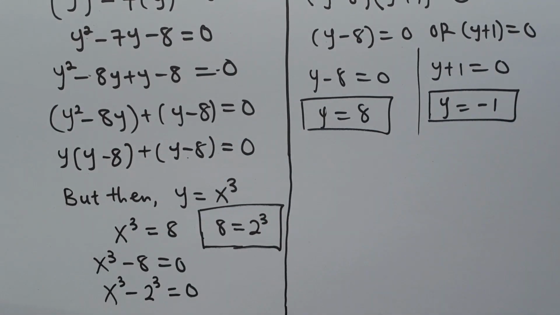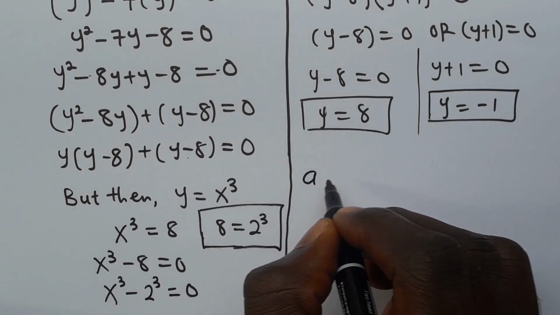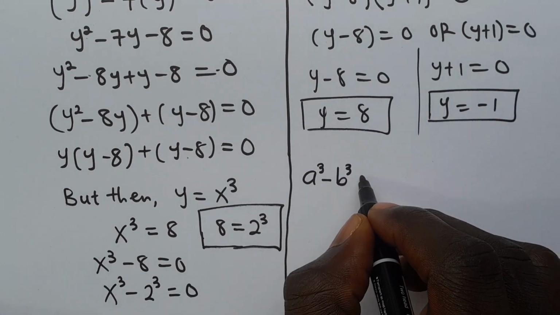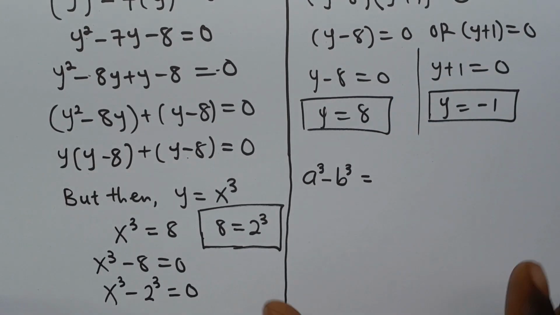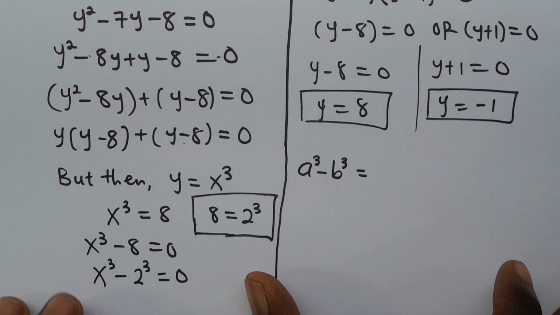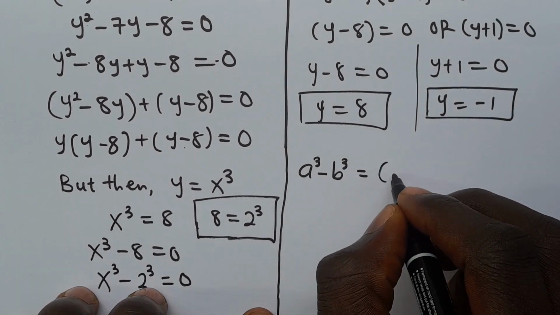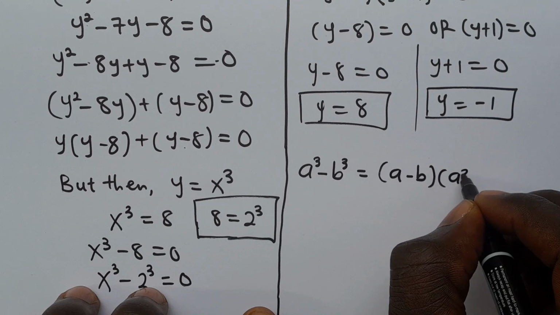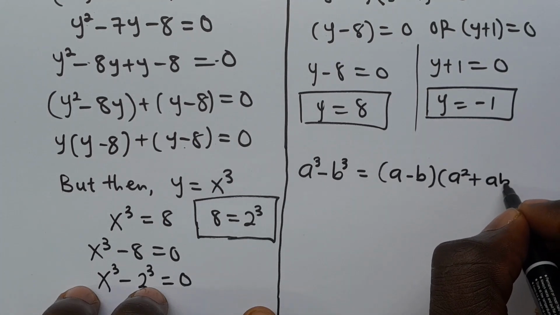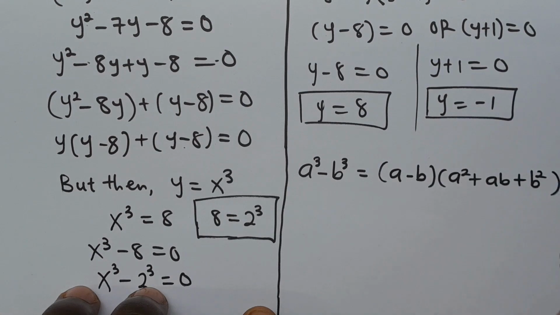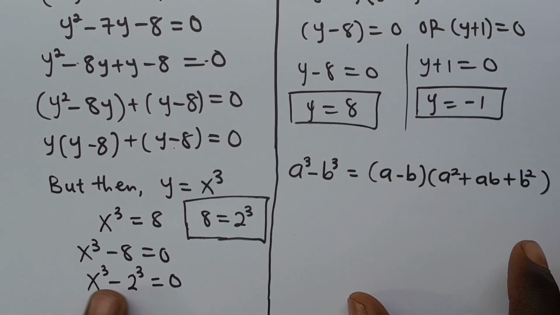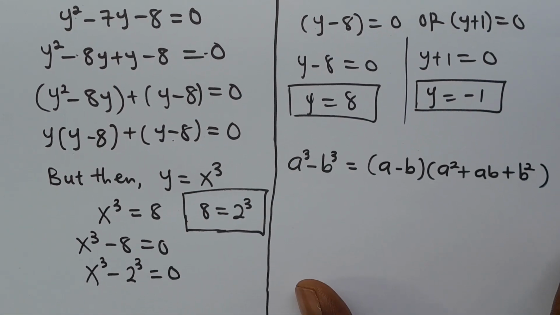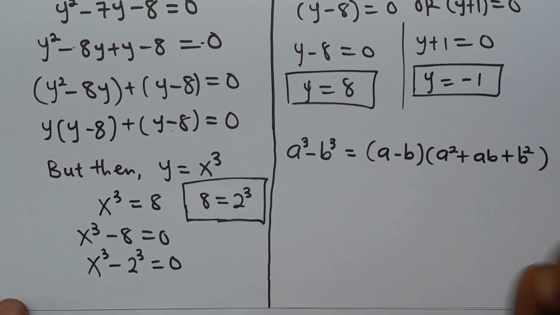Now recall that when you have a cubed minus b cubed, this equals a minus b into bracket of a squared plus ab plus b squared. By comparing it with what we have here, x cubed minus 2 raised to power 3 equals 0, we have a equals x and b equals 2.